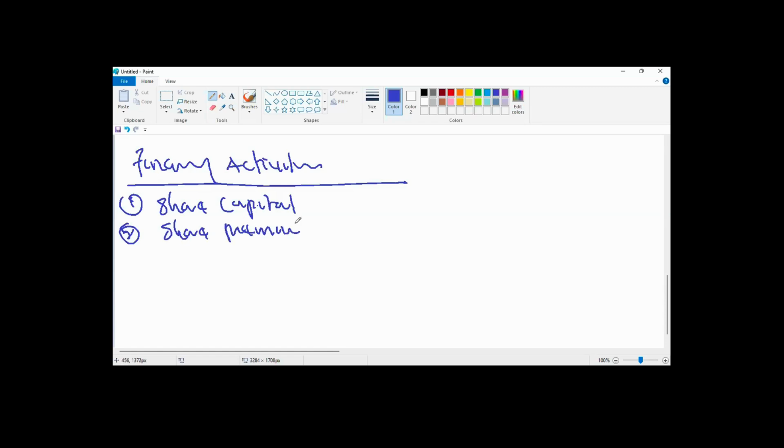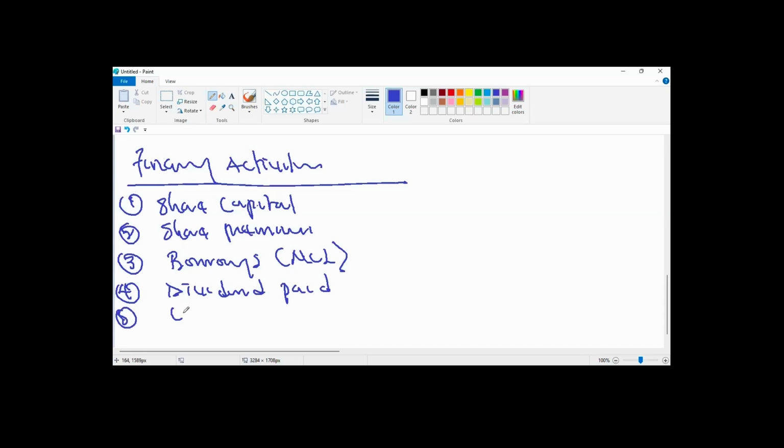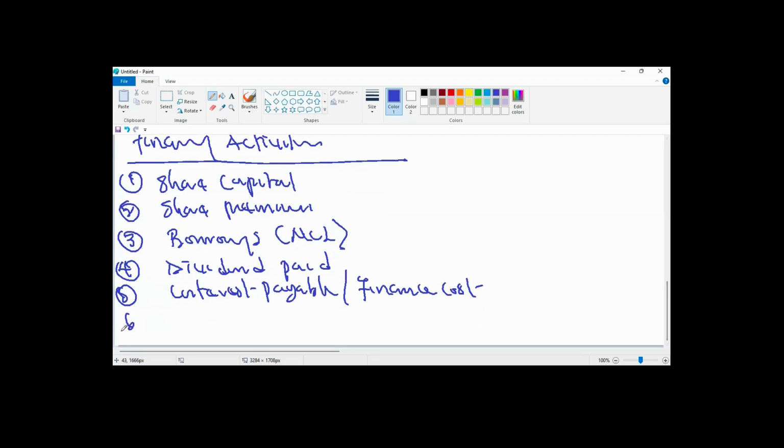Loan, the borrowing, the non-current liability. 4. Dividend paid. 5. Interest paid, which is also known as finance cost. 6. Lease payments.